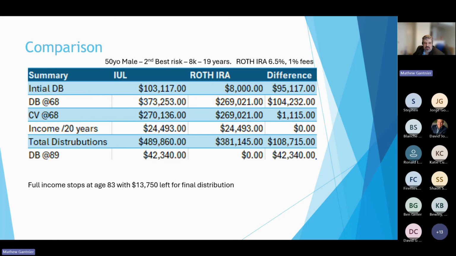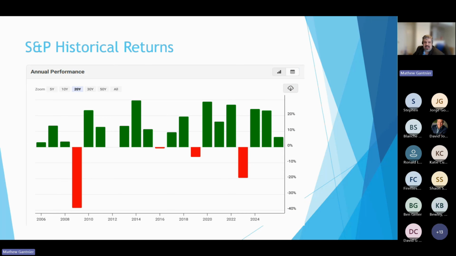And like I said, the reason for that is this is the S&P historical returns. You'll see that overall, lots of green years, but you'll notice that there's a lot of negative years as well, including a couple that almost reached 40%. And it's the fact that this happens that an IUL can be an attractive alternative.